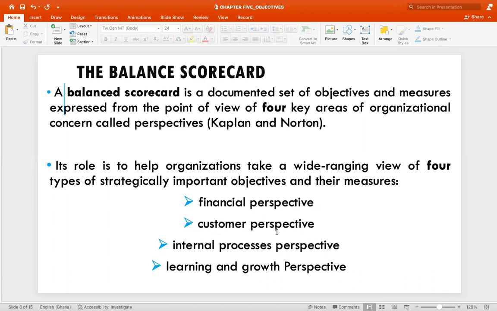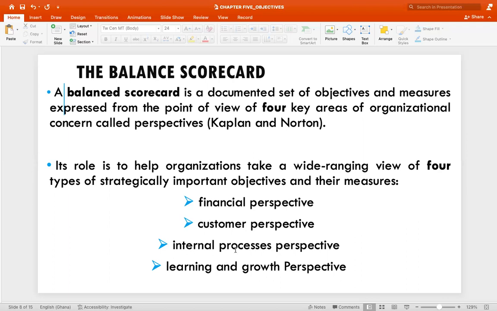You must have objectives that address what is known as the customer perspective. What will you be doing for the customer? In terms of the quality of the products, timely delivery, and the things that we spoke about, the quicker design to market than rivals and so on. So you must have an objective that is addressing the customer perspective.